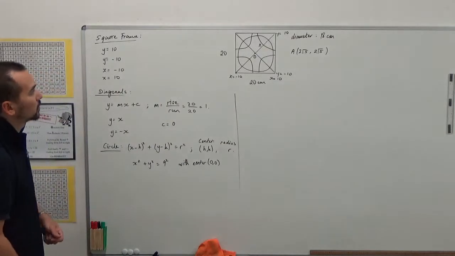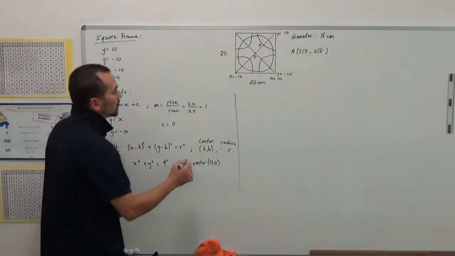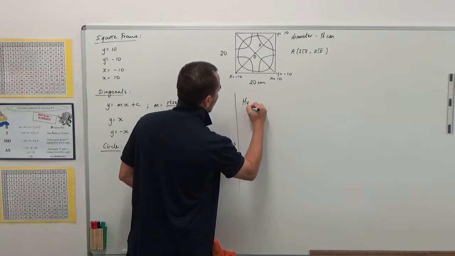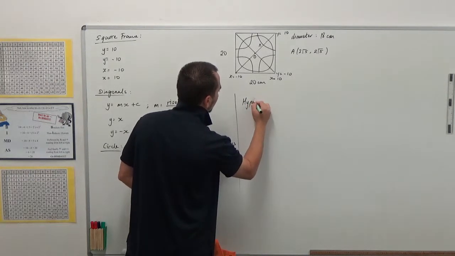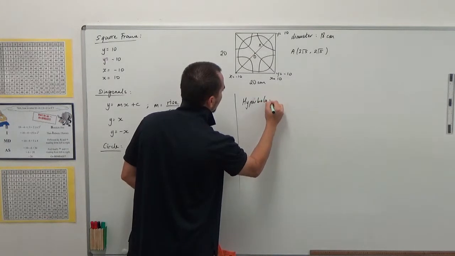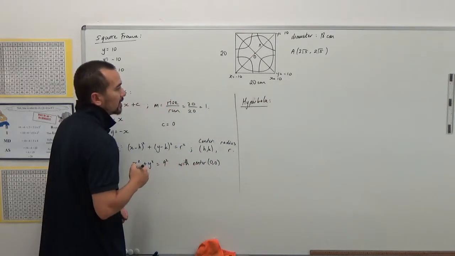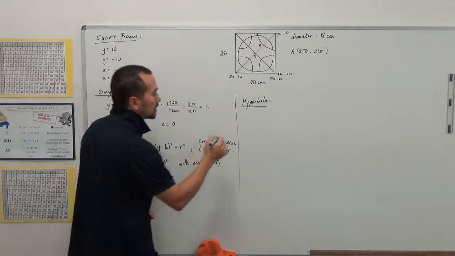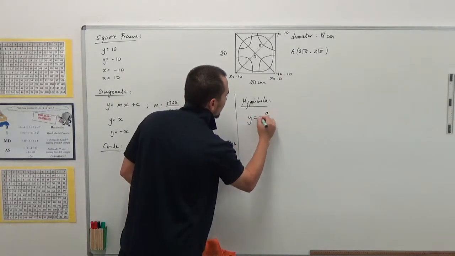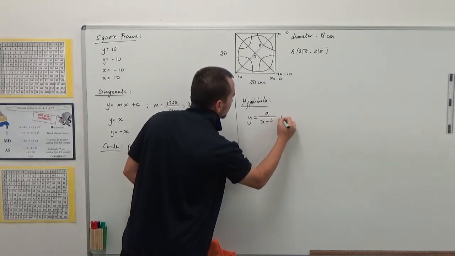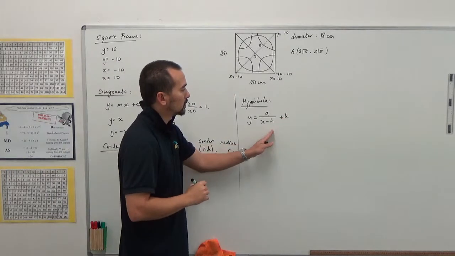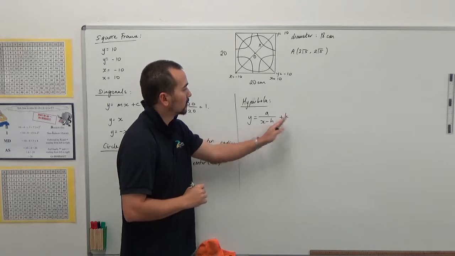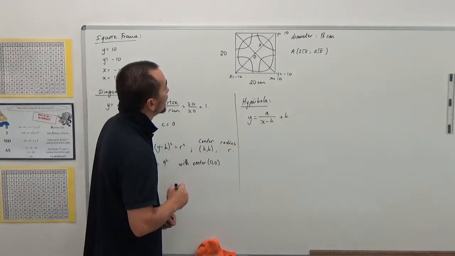Okay. Let's now work towards the last function, which is the hyperbolic function. The formula for a hyperbola is y is equal to a over (x minus h) plus k, where h is your horizontal shift and k is your vertical shift.